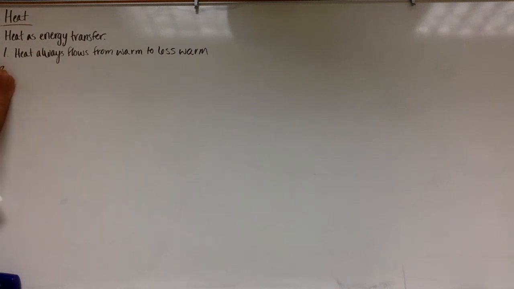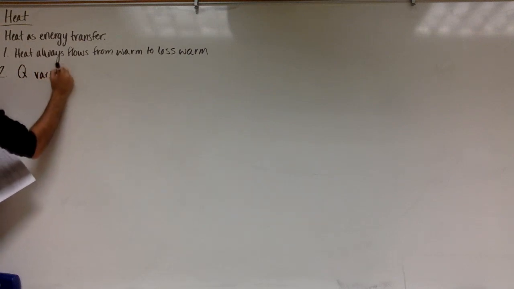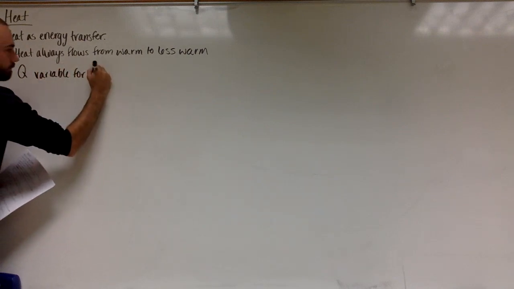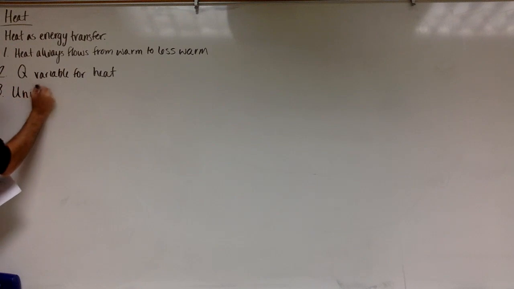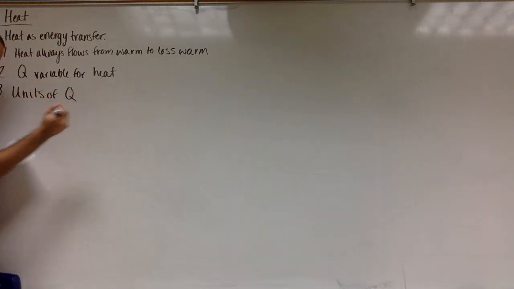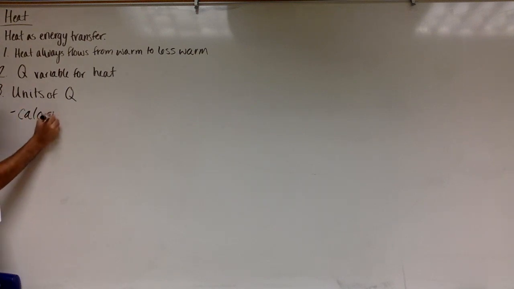How do we represent heat mathematically? We do that with a Q. So Q is the variable for heat. And let's look at a couple different units of heat. The first one we have is the calorie. You can tell from the spelling, very British.